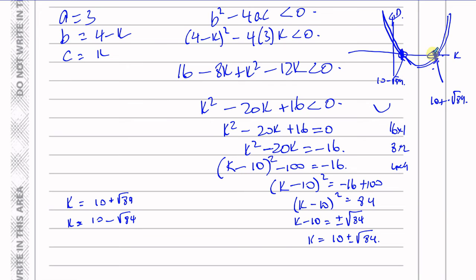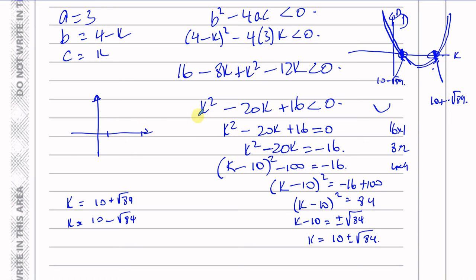So basically we want to find where k squared minus 20k plus 16 is less than 0, where this line is below 0. That's where the discriminant is negative. Let's draw it again here. This is the discriminant axis. Everywhere above this axis the discriminant is positive, everywhere below this axis the discriminant is below 0.